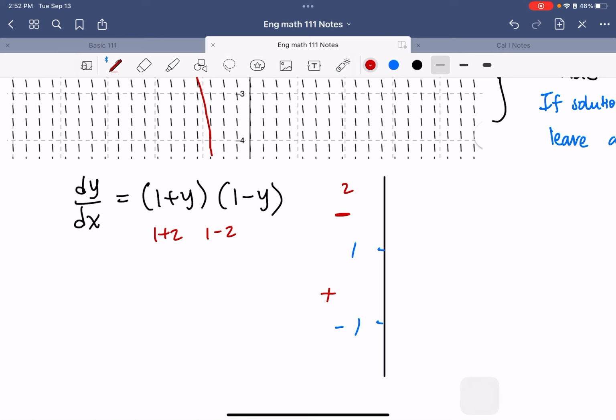Negative 2 becomes negative. Now with this method, if you get negative, you make the arrow face downwards. If you get positive, you make the arrow face upwards. If you get negative, downwards.